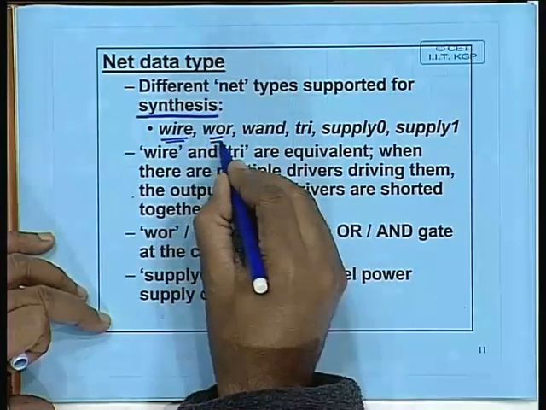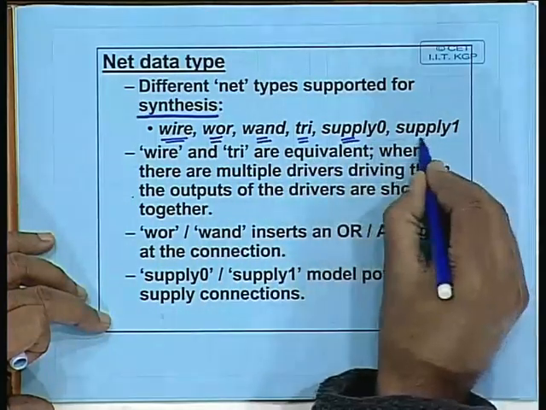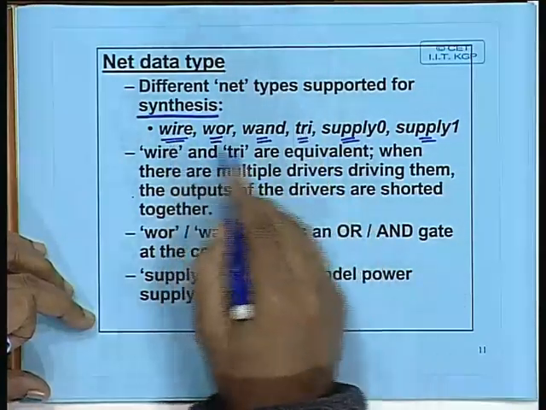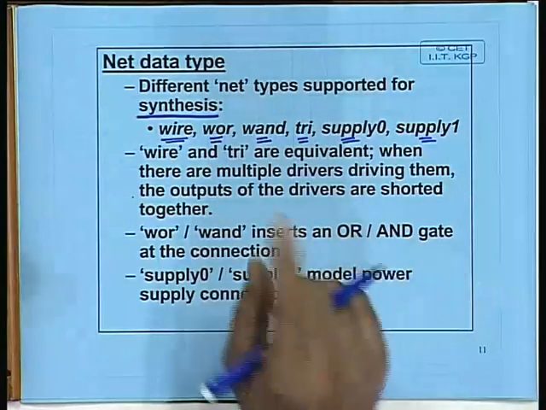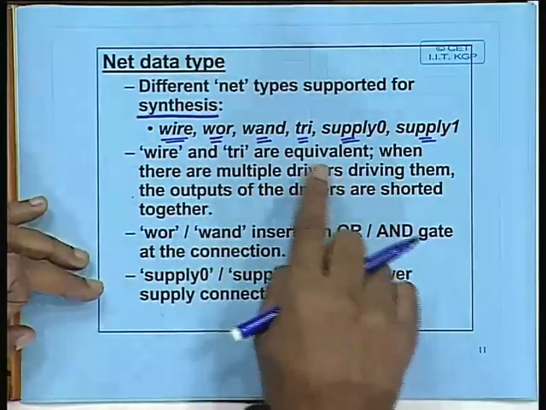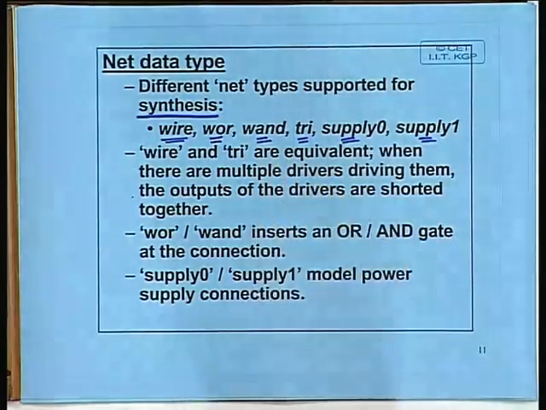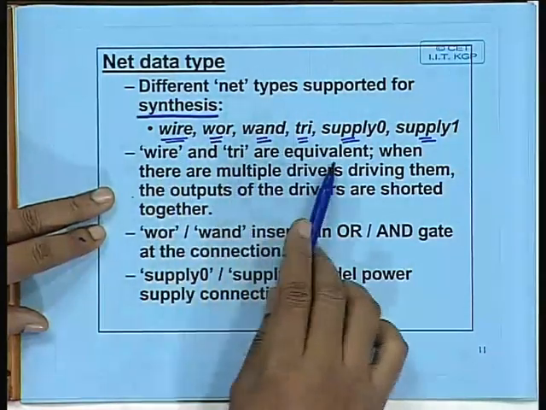There is wired OR, wired AND, tri-state, supply0, supply1. This wire and tri-state are the same. There is no difference between these two descriptions. The wired OR and wired AND are slightly different. First let us see wire and tri. Wire and tri are equivalent.